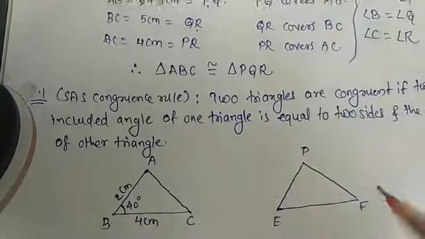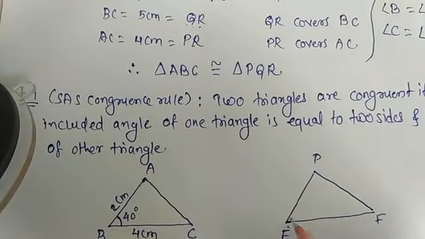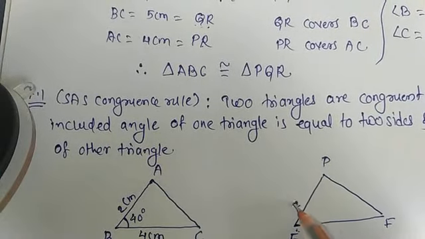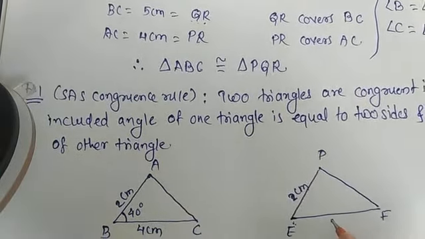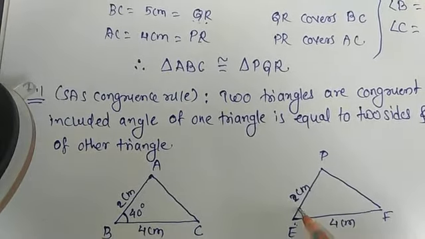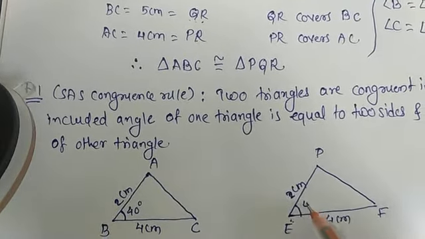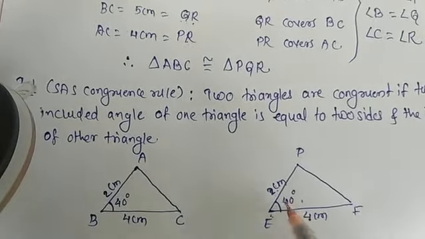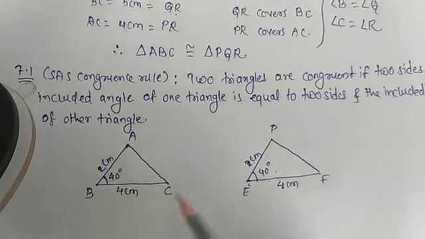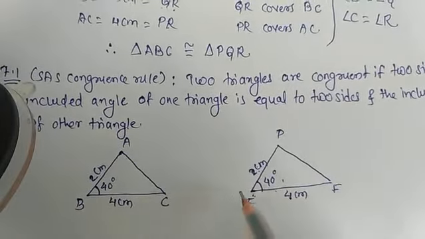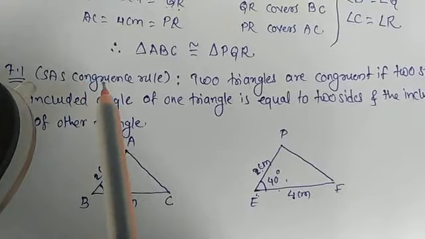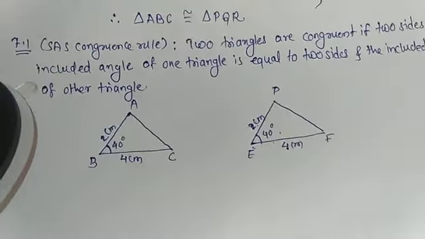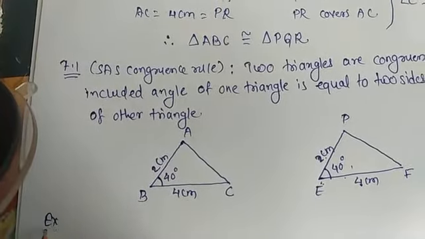Similarly, they will be congruent only if DE is 2 centimeter and EF is 4 centimeter and its included angle is 40 degree. It should be present in this only. If this is possible, then you can say that by the SAS congruence rule these two triangles are congruent.